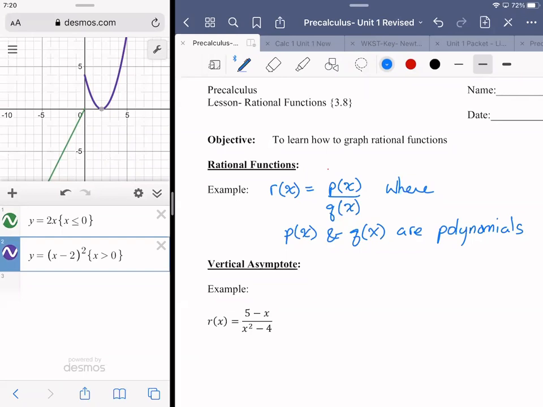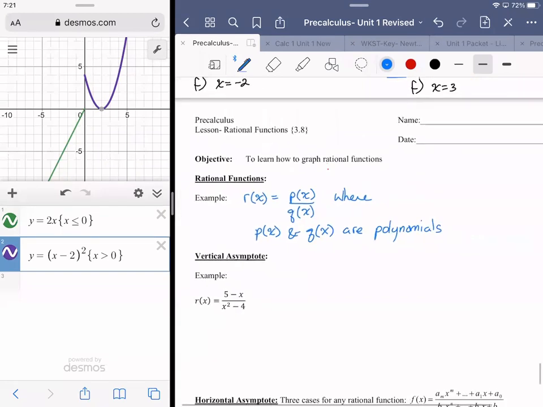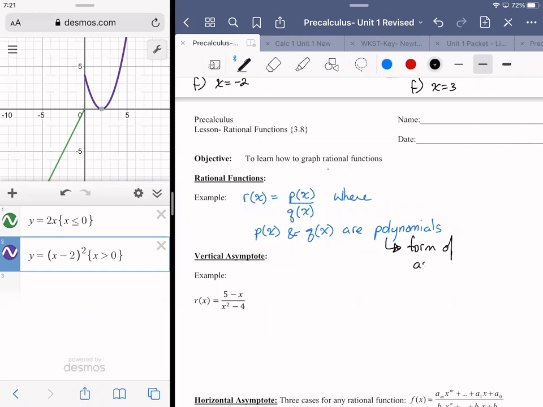Yeah, could you just say what a polynomial is again? I forget definitions of things. Oh yeah, a polynomial is any function in the form ax to the nth power plus bx to the n minus 1 plus cx to the n minus 2 and so on.